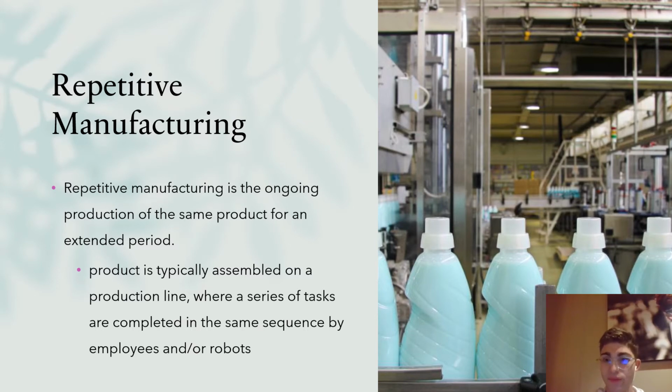They produce all these bottles of Coke, and it's the same system, as you can see on the screen right here. These bottles are going in an ordered line, right? Assembly line. So that's what we're really talking about with repetitive manufacturing: the ongoing production of the same product.